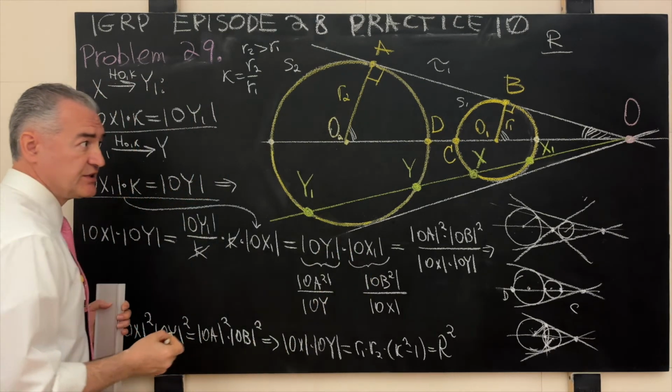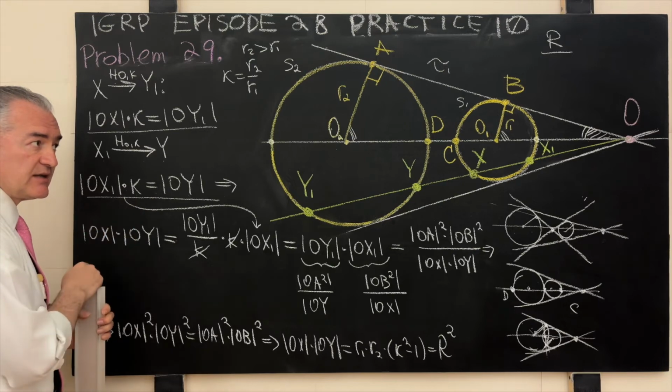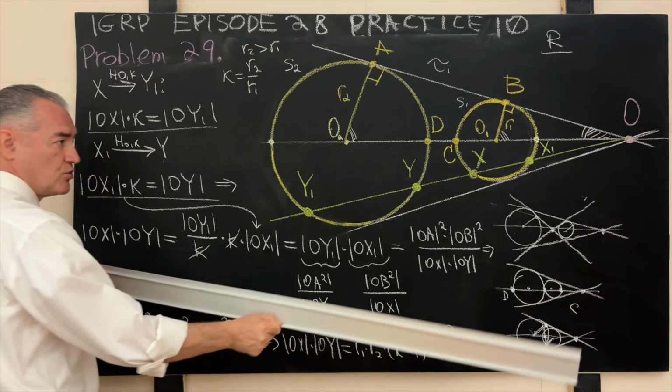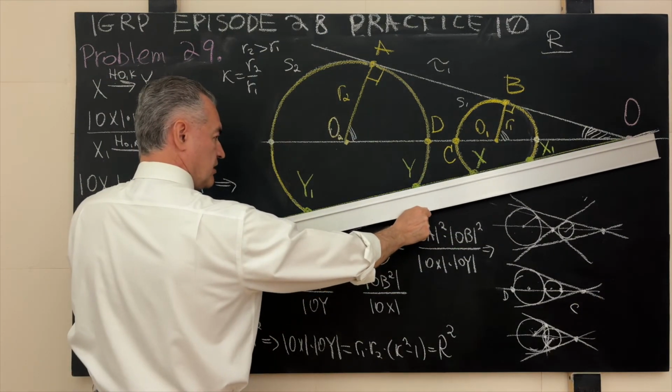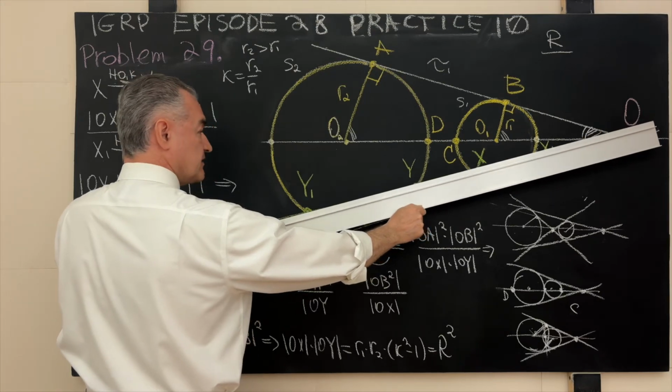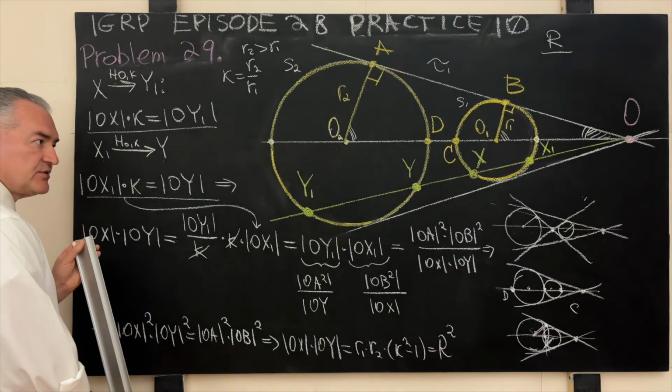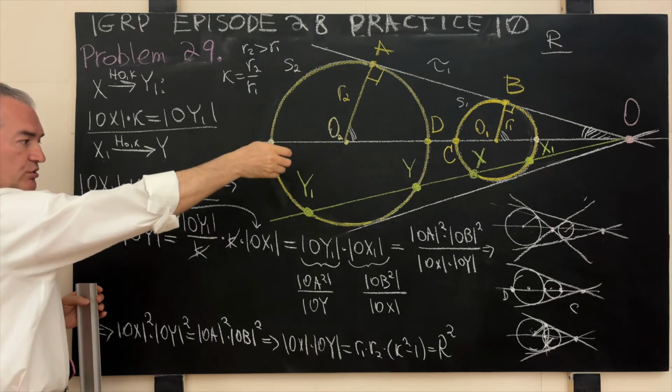But look at this, at the same time, our straight line that passes through the center O, shown in green, this arbitrary straight line, is a secant. It generates actually 2 secants of both circles, the circle S2 and circle S1.